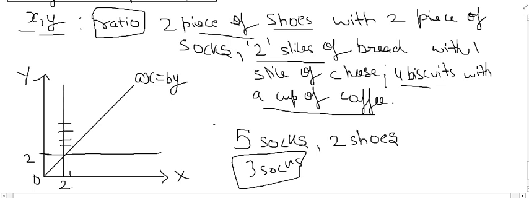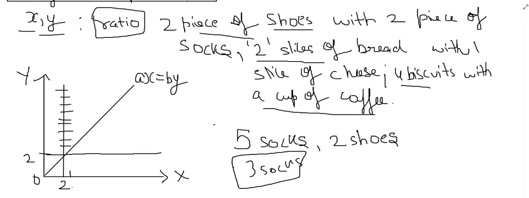But notice one thing: after consuming 2 units of x with 2 units of y, it is not beneficial to the consumer to have more of y unless he also has that many units of x. So he is getting the same utility on all these points. We are not increasing x, we are only increasing y. So all these points on this segment give us the same utility.